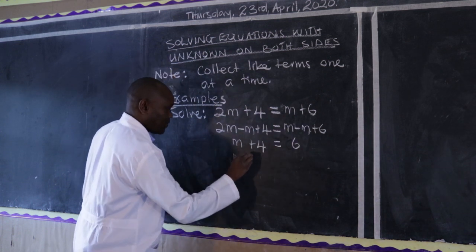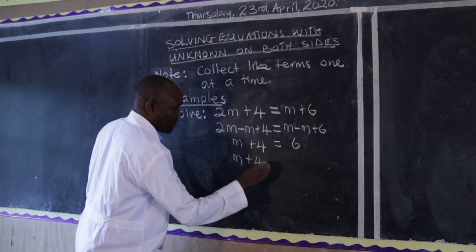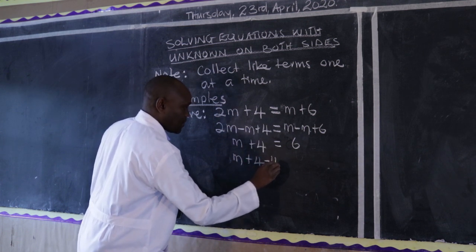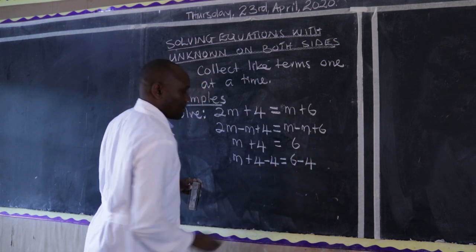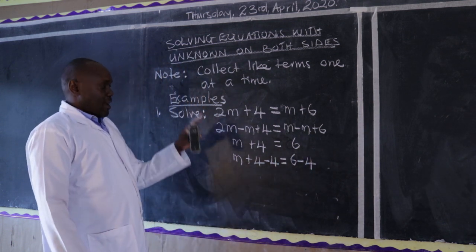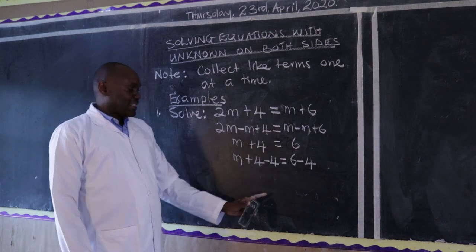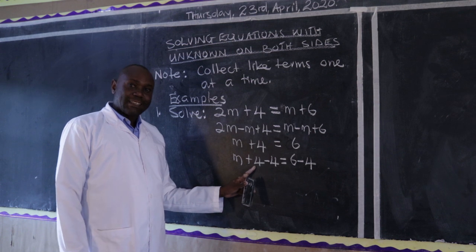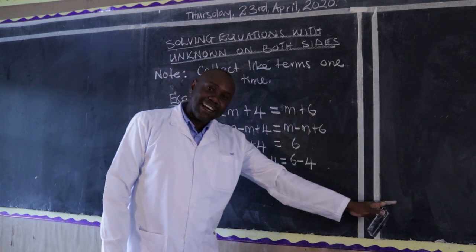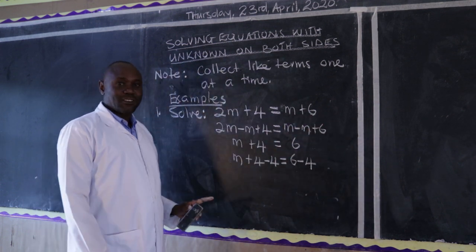That is m plus 4 minus 4 is equals to 6 minus 4. I remember telling you that whenever you are collecting like terms, what you do on this side must be done on the other side of the equation.